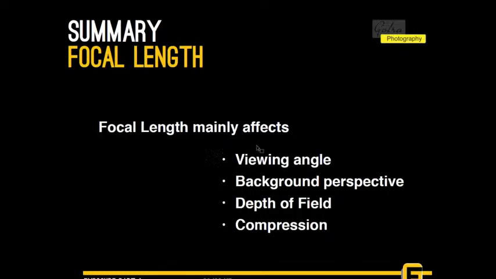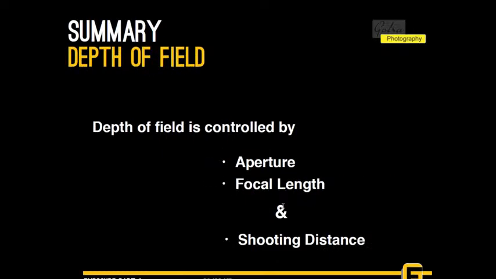So focal length mainly affects viewing angle, background perspective, depth of field, compression, and so on. All these things. Depth of field is controlled by aperture, focal length, and shooting distance. If you want a blurry background, you have to make sure of a bigger aperture size, but not too big, otherwise there will be too much light and your scene will become overexposed.